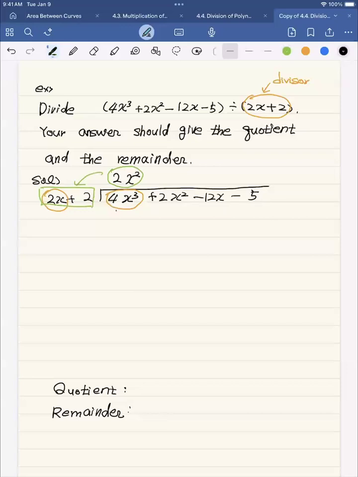So it becomes 4x cubed plus 4x squared by multiplying like this. And then we have to subtract from the first to the second. The first term will cancel each other, and 2 minus 4 will make negative 2x squared, and then minus 12x minus 5.